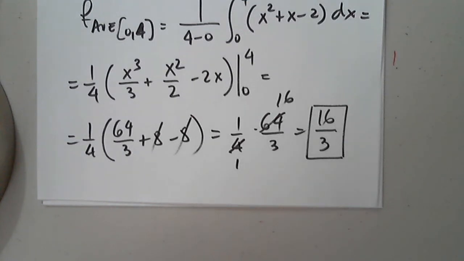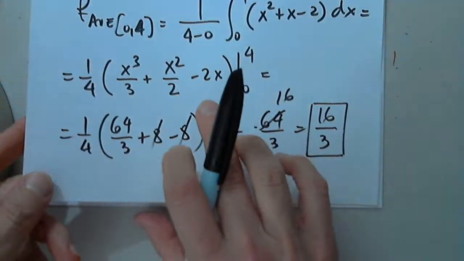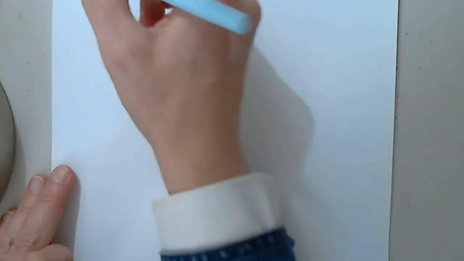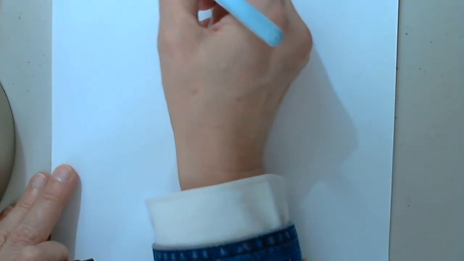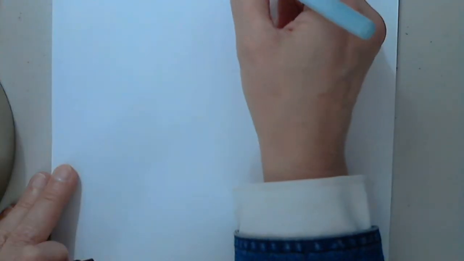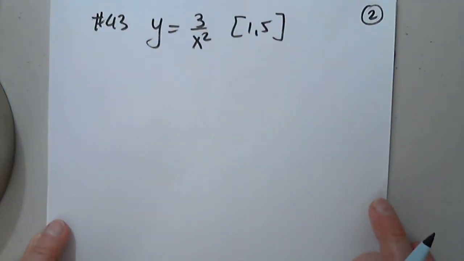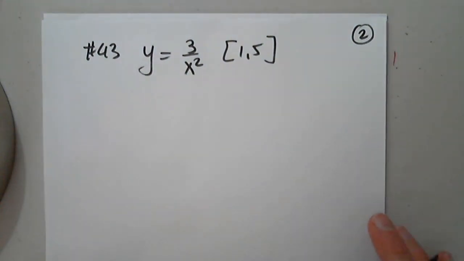Okay, so let's look at one more. Because I'm looking at 43, just to have another function here. So for 43, we are given y equals 3 over x squared, and the interval is 1, 5. So the same thing.